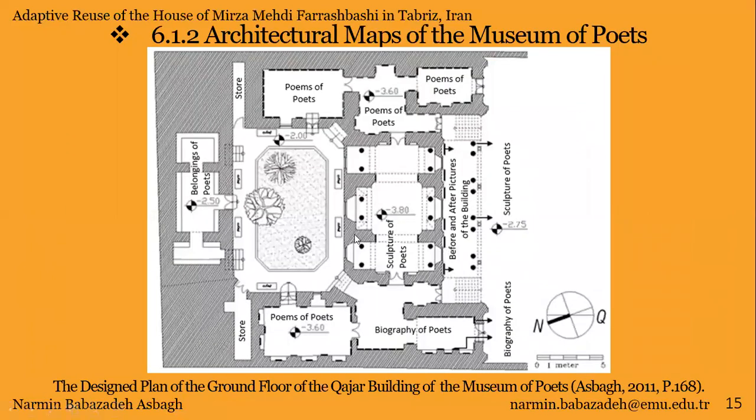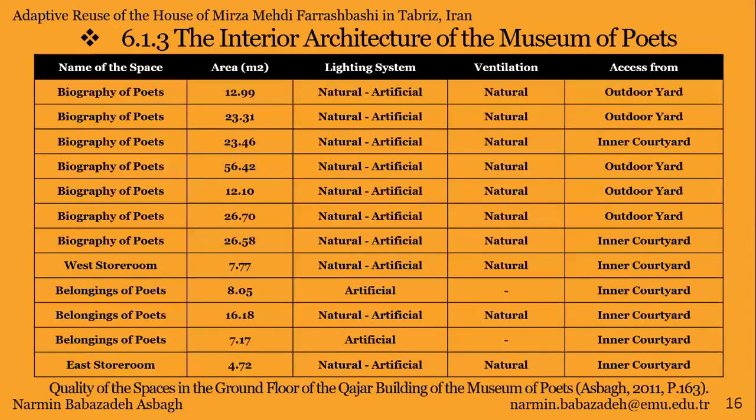The ground floor of the Qajar building is designed for the sculptures of the poets, poems, belongings of the poets, and biography of the poets. We can also sit here on the benches in the inner yard and enjoy reading our books and the beautiful building.